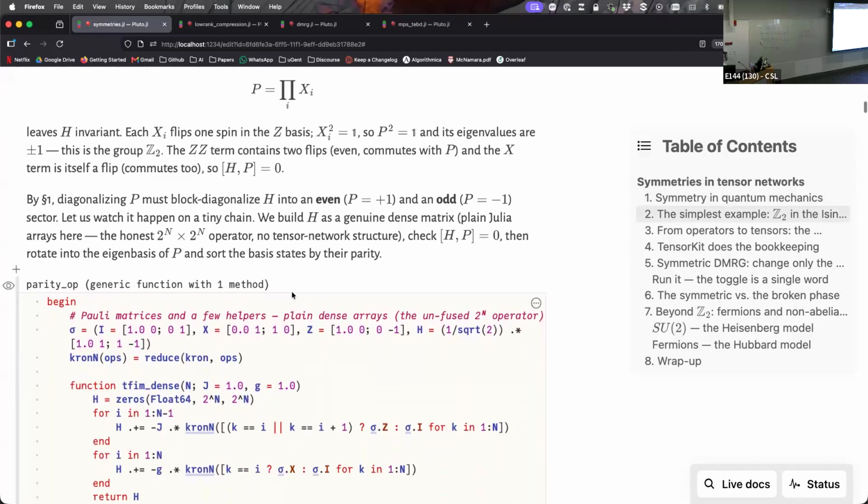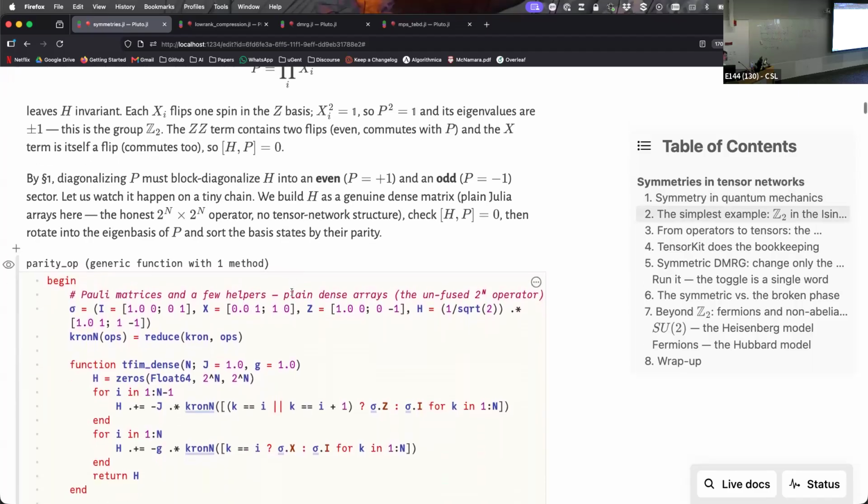What that means is that this Hamiltonian gets split up into an even and an odd sector with respect to this flip. Basically, there are states that don't transform at all if you apply a flip, and then there are states that get a minus sign if you apply a flip.